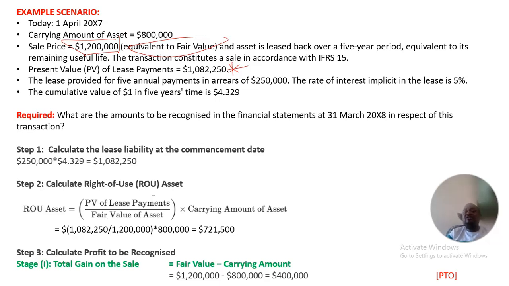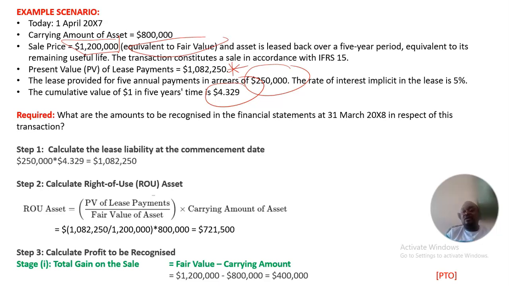But because this is not a financial management examination, usually the examiner is going to give you an annuity factor, because normally in leases the installments are going to be of the same value. For example, in this case the annual installments are going to be 250 per year.